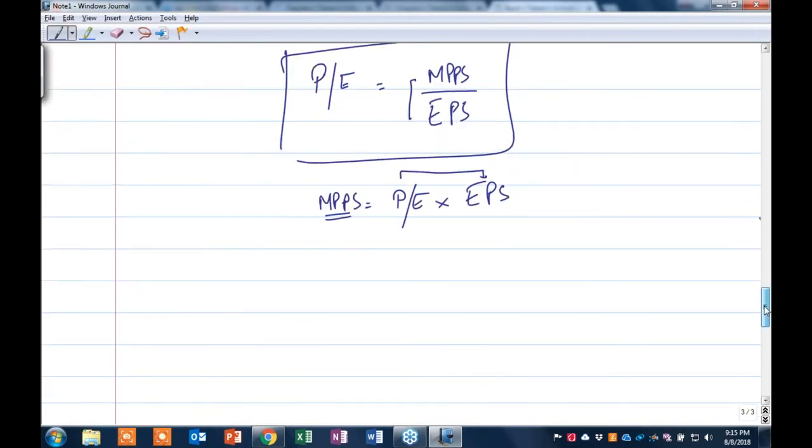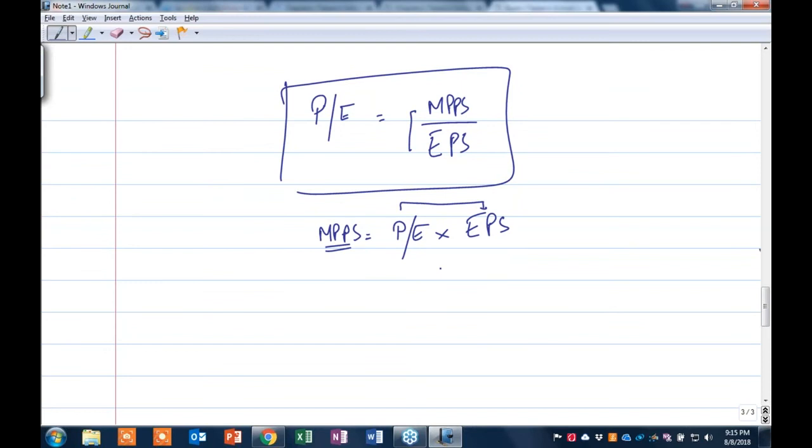Let's say the price earning ratio is 10 times and the earning per share of a company is $2 per share. If the price earning ratio is 10 times, it means that the price is 10 times of the earnings.